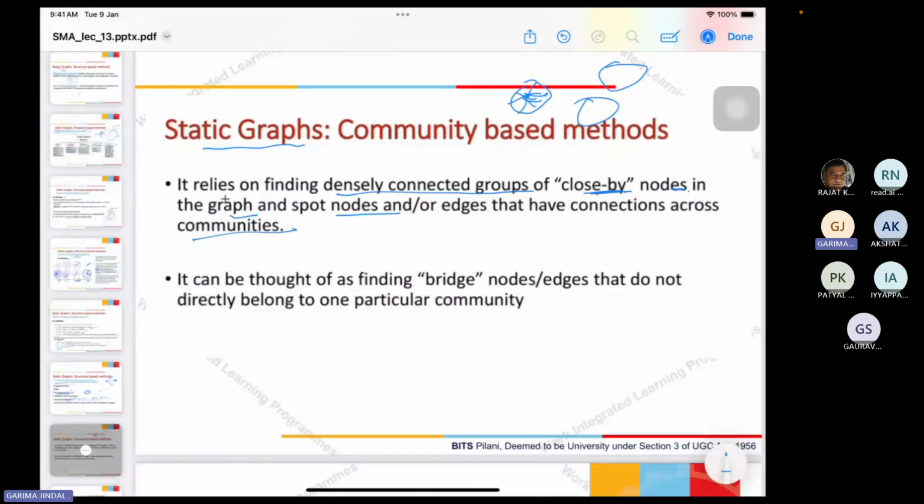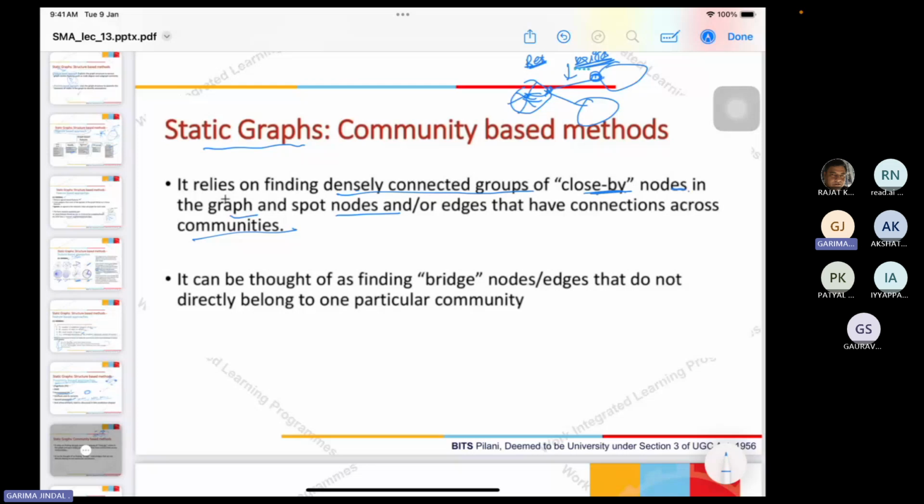Using betweenness centrality, I can identify the nodes that are connected to other communities. So now I have these nodes that are connected to other nodes through these bridges. Because this node is connected outside the community, it might be considered an anomalous node.